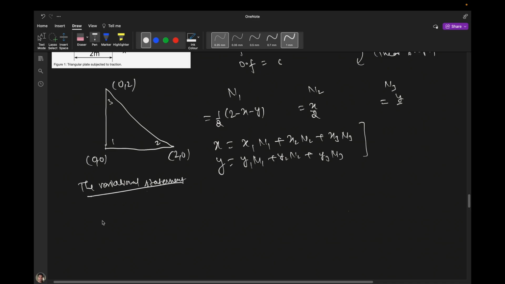What is the variational statement? The variational statement is the double integral in the domain, that is D, or I will use C. I mean there is nothing different.